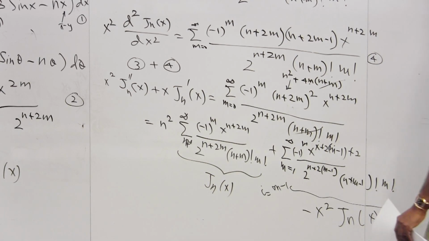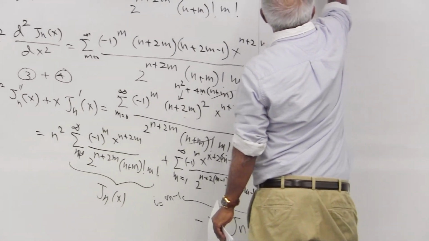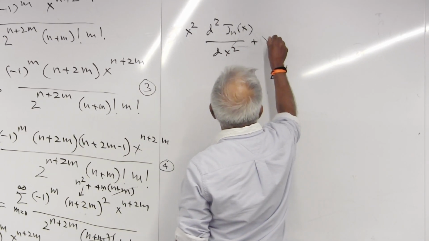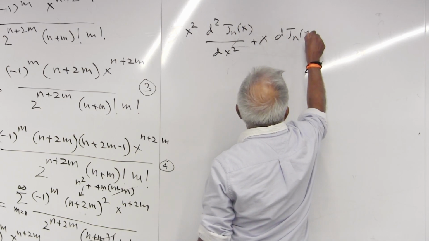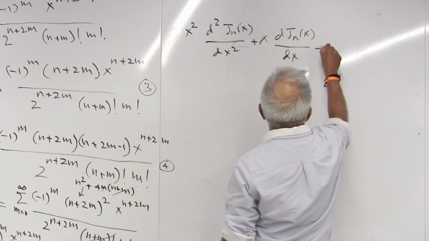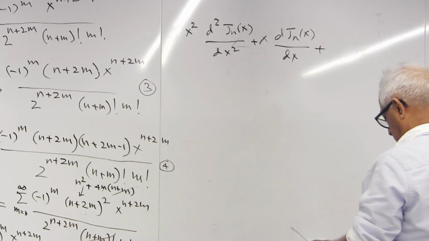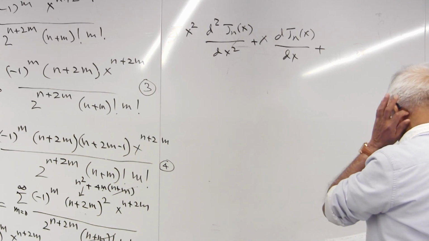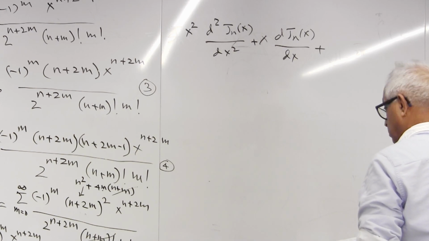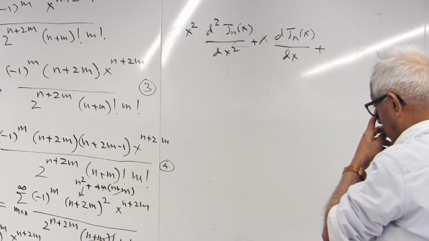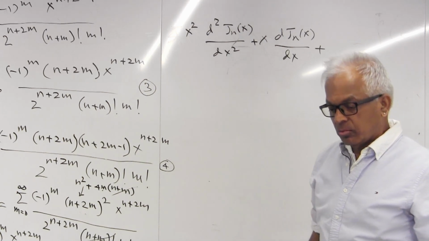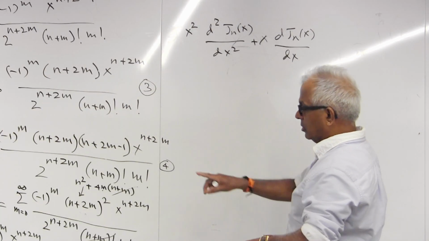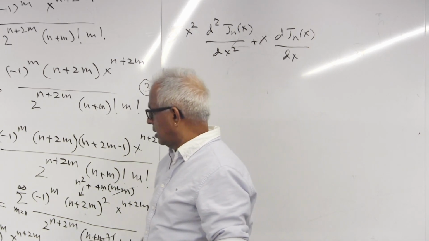Right, so you get the identity x squared d squared Jn of x by dx squared plus x dJn of x by dx is equal to, remove these two, minus x squared and then plus n squared.